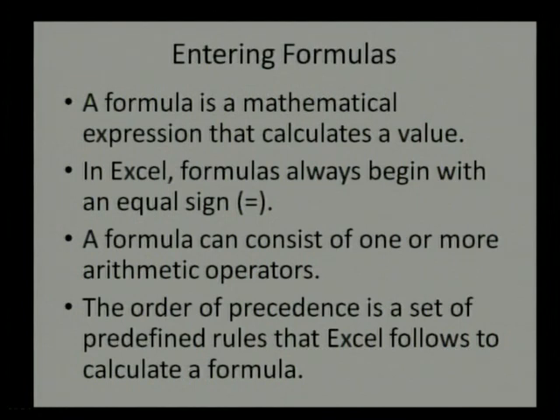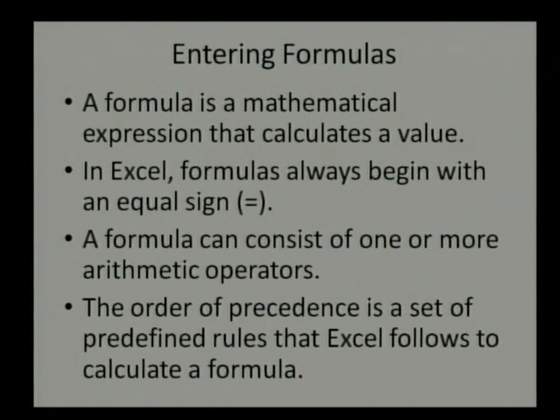The order of precedence is a set of predefined rules that Excel follows to calculate a formula. Friends, we know the BODMAS rule, that is bracket, of, division, multiplication, addition and subtraction. So in short we call it the BODMAS rule. This hierarchy of mathematical operations should be kept in mind when you write a formula in Excel.